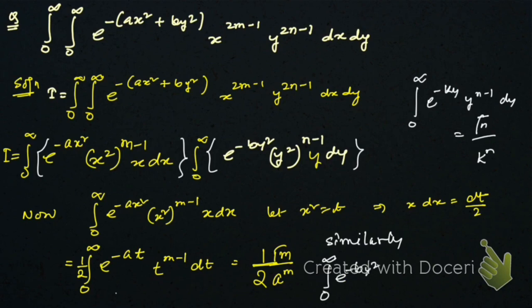As we have got the same kind of expression, only the symbols are different, y and x, instead of showing the whole procedure, you can just directly write the result using this pattern. So that's gonna be here, instead of m we have n, so half gamma n divided by, instead of a we have b, so b to the power n. So these two results we have got.